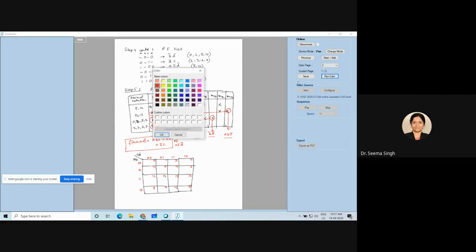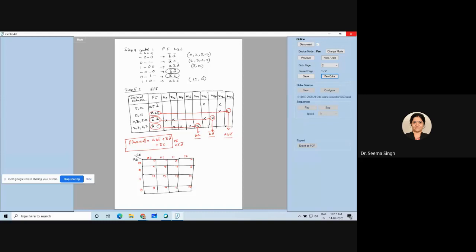Okay, so which all numbers are there? 0, 2, 3, 6, 7. Then 8, 10, 12, 13. Okay.